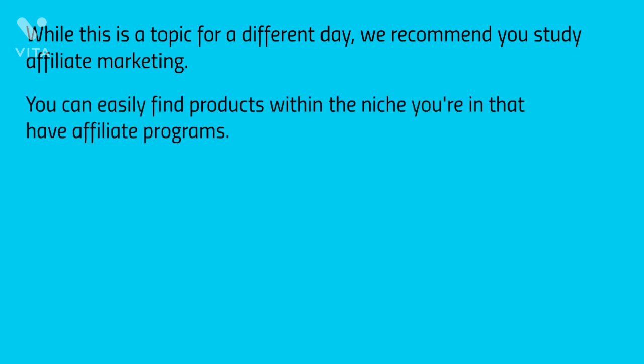So you can easily find products within a niche that you're in that have affiliate programs. In fact, in video number 5, where I show you how to go to a site called clickbank.com or even jvzoo.com, both of these sites are sites where you can find products to promote as an affiliate.